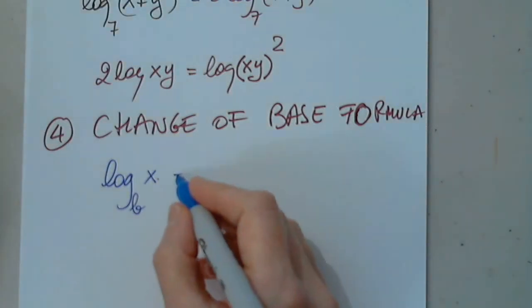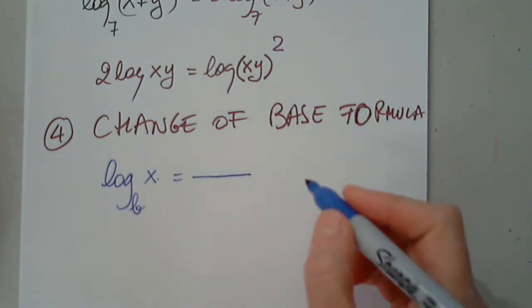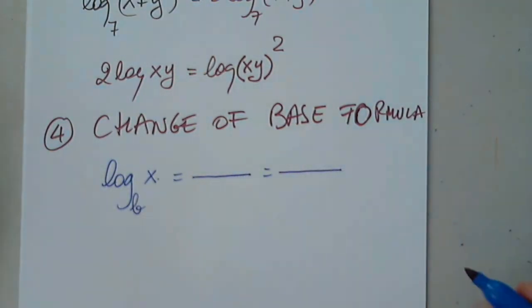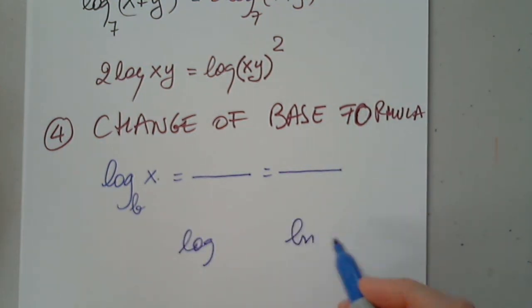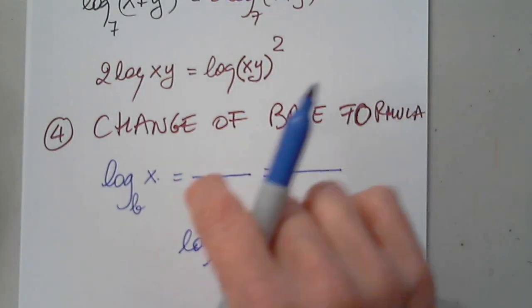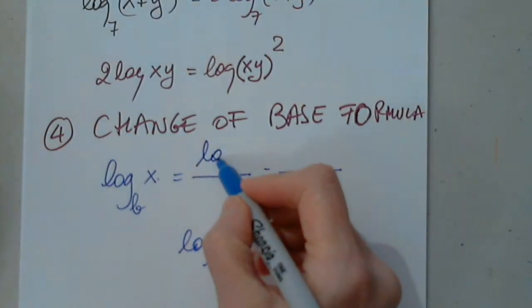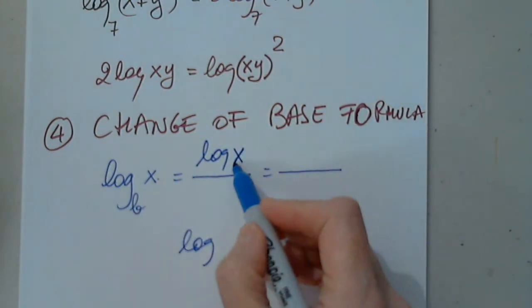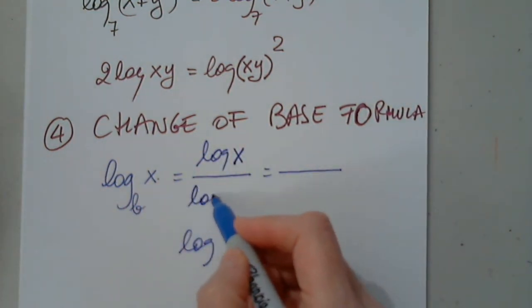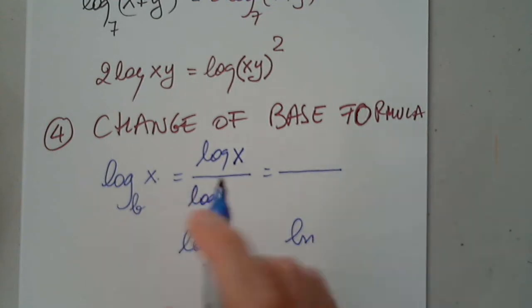And let's say I only have 2 options in the calculator. I either use log, which is common log, or I use natural log, which is natural log. So the options are log of the number over log of the previous base.